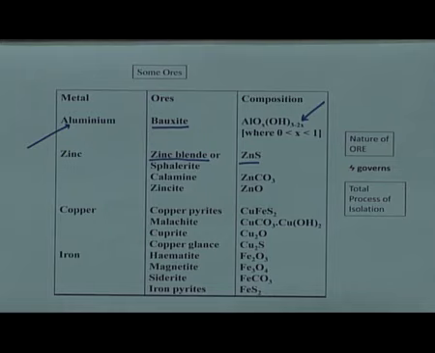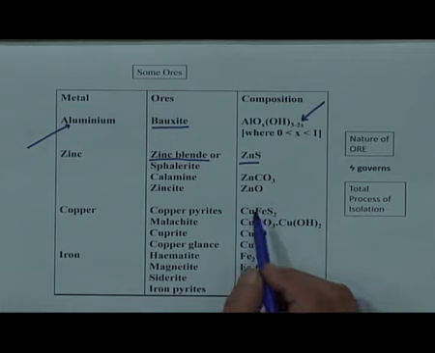If I just tell you in a broad sense, most of the ores present in the earth crust are sulphides, majority of them are sulphides, carbonates, oxides or hydroxides. Only a few ores are in the form of chlorides or sulphates. Sulphide is a very common form of ore present in the earth crust.